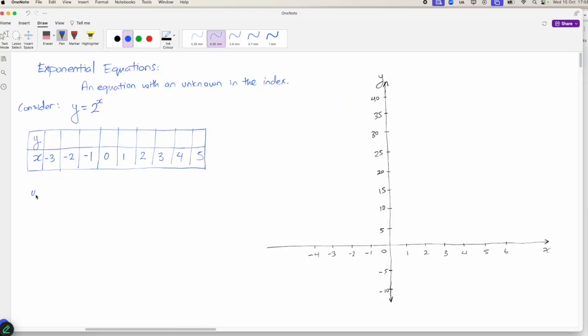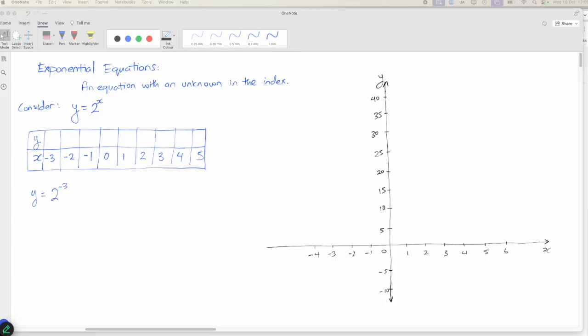So what is y when x is negative 3? Anybody? 0.25. Sure, but you seem to be forgetting your laws of indices, right? I get 0.25. I don't think so.